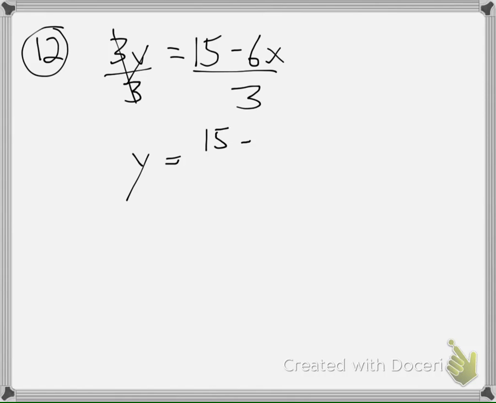Now we could actually divide this out, but I'm not going to worry about it, because even with it like this, you can tell. Is that direct variation? Does that look like just some number times x? No, because these are not like terms, so I can't combine 15 and minus 6x.